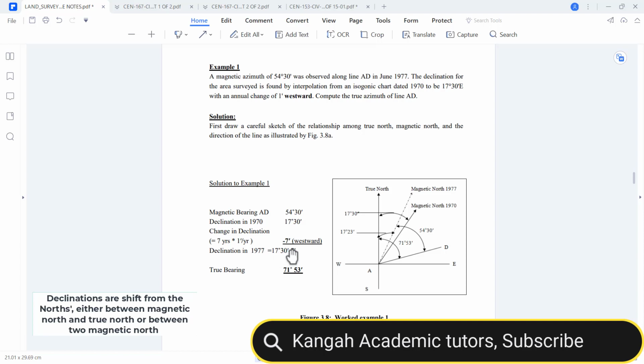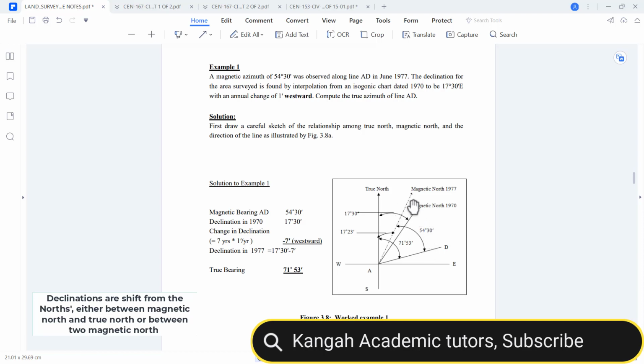That gives us a value of 17 degrees 23 minutes. So this one will be the correct declination of line AD since 1970. So this one will be our correct declination.